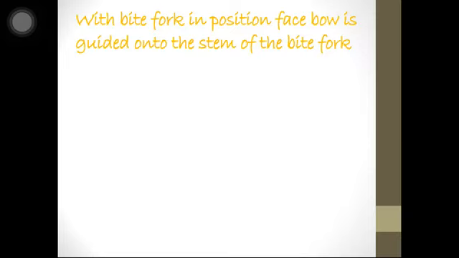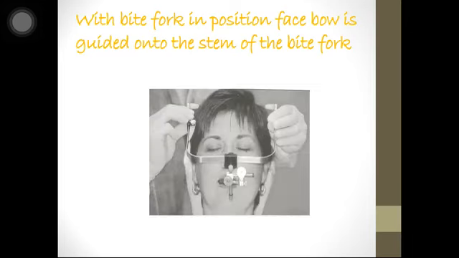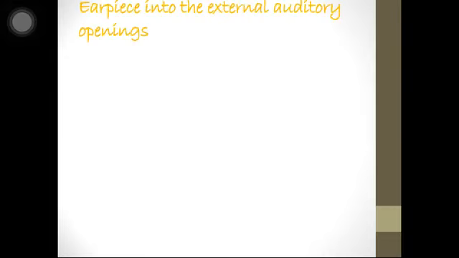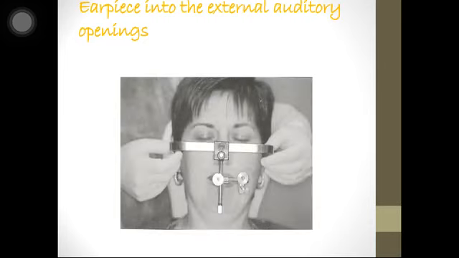When the bite fork is in the intraoral position, the face bow is guided onto the stem of the bite fork. It is inserted, and then a U-shaped frame is positioned over the patient. If they are using the earpiece type, then the earpieces go into the external auditory meatus.